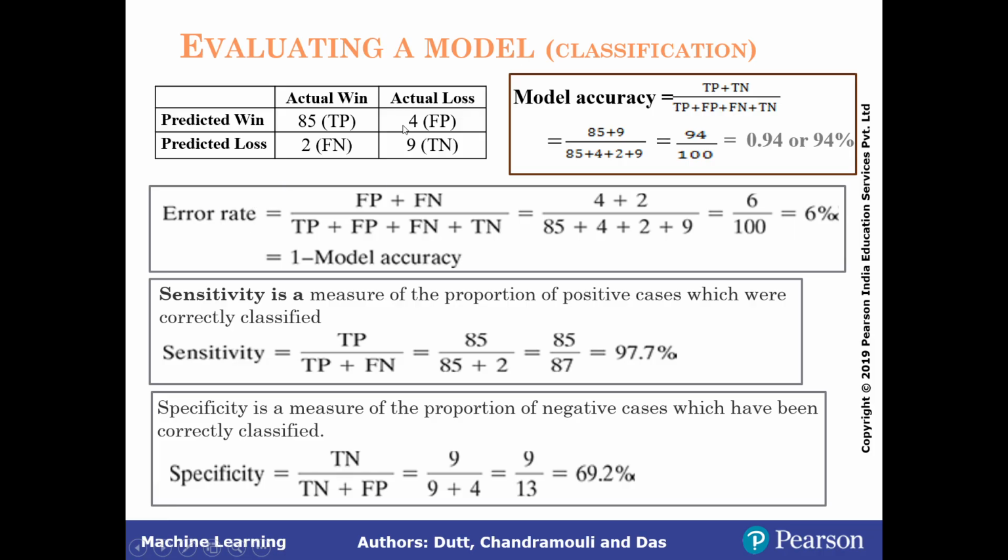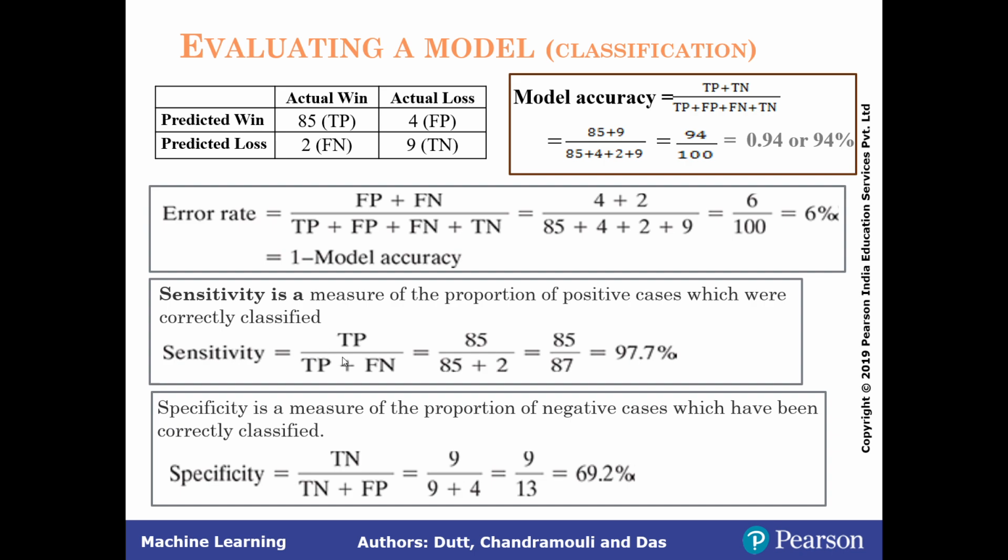Error rate is with respect to false values, false positive plus false negative by the complete sum, so 2 plus 4 by 100. That gives you the error rate, and the sum of error rate and accuracy in percentage gives you 100%. Or simply, accuracy plus error rate equals 1.